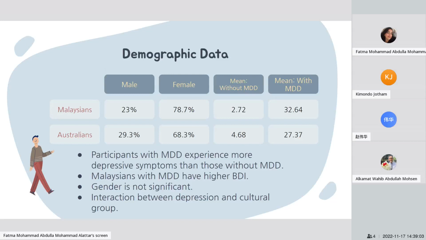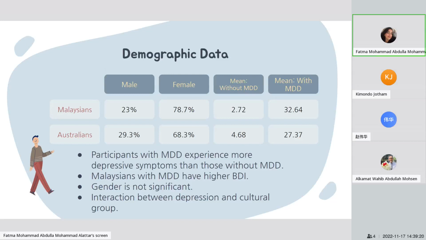On the other hand, the Australian participants consisted of 29.3% males and 68.3% females who were between the ages of 18 and 57 years old.